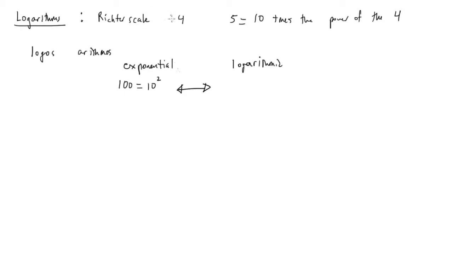If I were to say that 100 is 10 squared, then this would be equivalent to saying that 2 is the log base 10 of 100. Again, 2 here is expressing the ratio between 10 and 100 in an exponential sense. Notice here that the 2 really is the exponent.